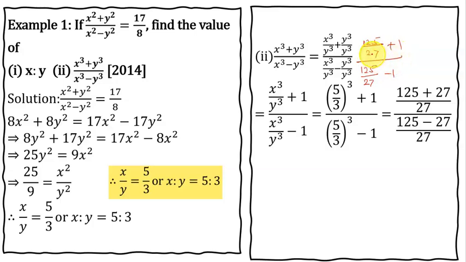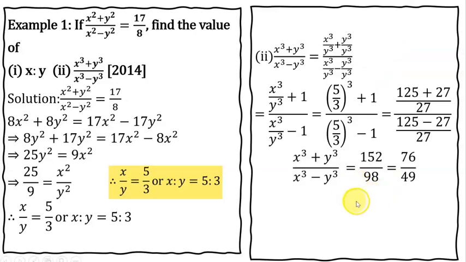Then simplify. 27 into 1 is 27. Therefore (125 plus 27) upon 27, this whole divided by (125 minus 27) upon 27. After the simplification, (x cube plus y cube) upon (x cube minus y cube) is equal to, here 27 gets cancelled from both the denominator terms.